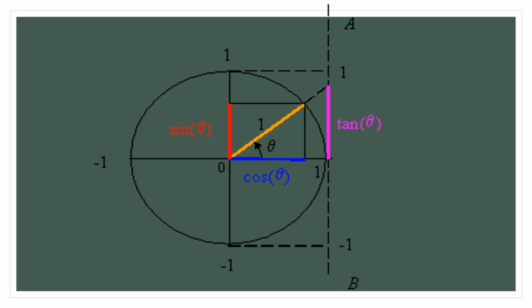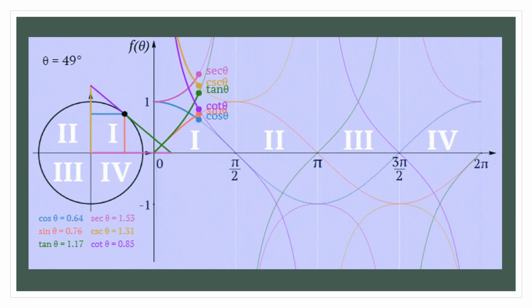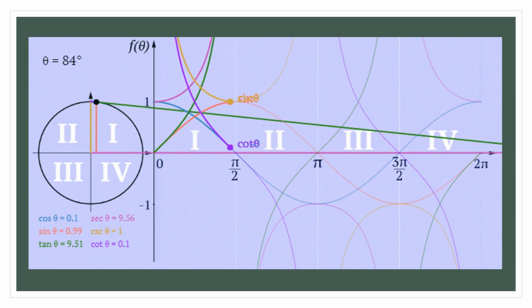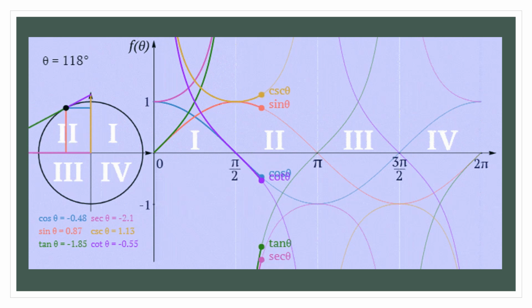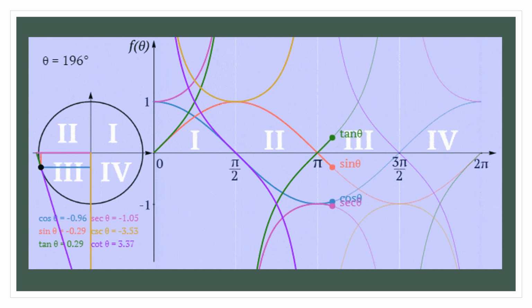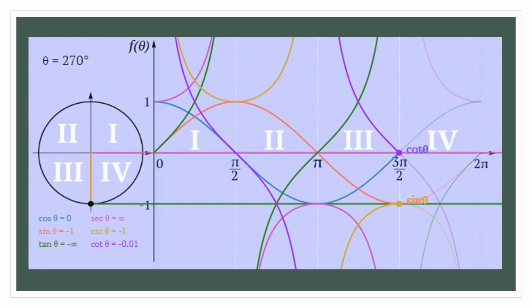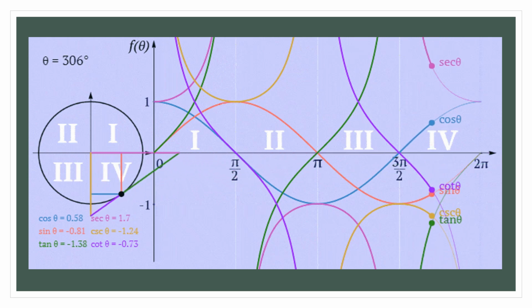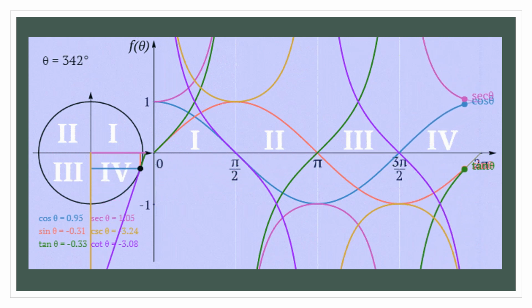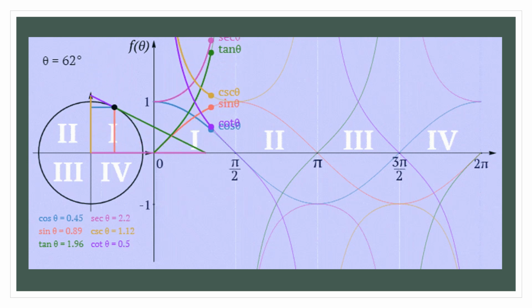Let us see it with the help of an animation. Here, in the first quadrant, we are going to see that the x coordinate decreases and the y coordinate increases. Again it has started: x decreasing and y increasing.